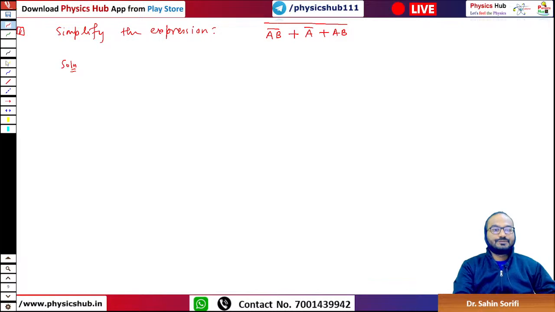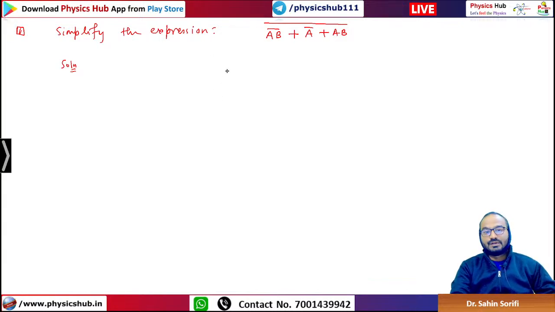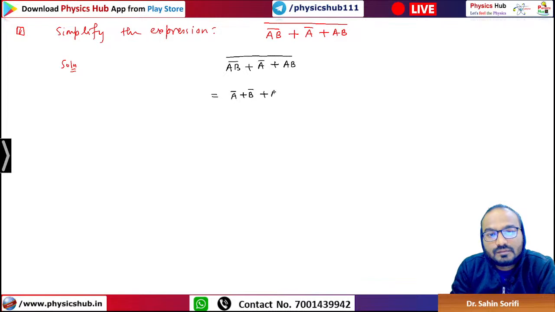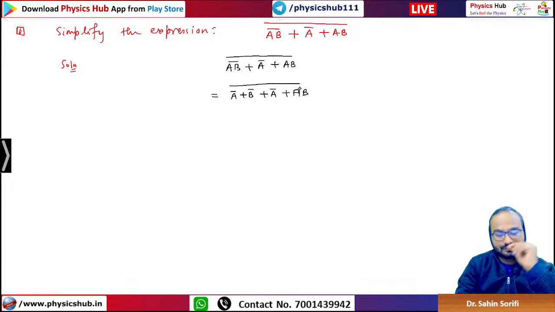Let's look at the solution. (AB complement plus A complement plus AB) whole complement. AB complement, using De Morgan's law, we can write A complement plus B complement, plus A complement plus AB, whole complement.